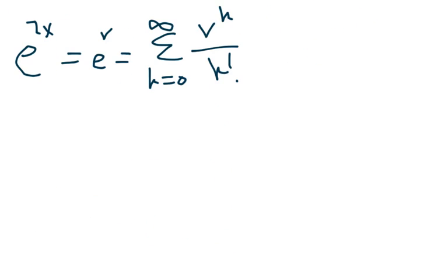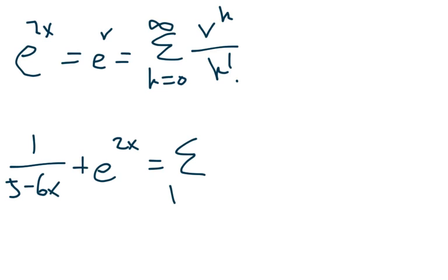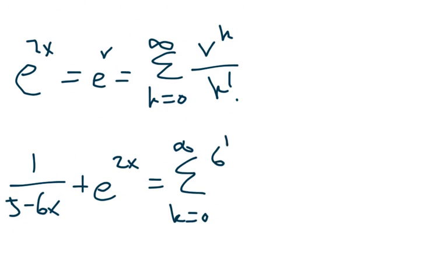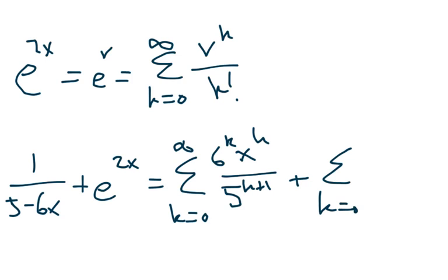We know that 1 over 5 minus 6x plus e to the 2x is equal to, well, we have the first part, the sum from k equals 0 to infinity of 6 to the k, x to the k, over 5 to the k plus 1, plus the sum from k equals 0 to infinity.